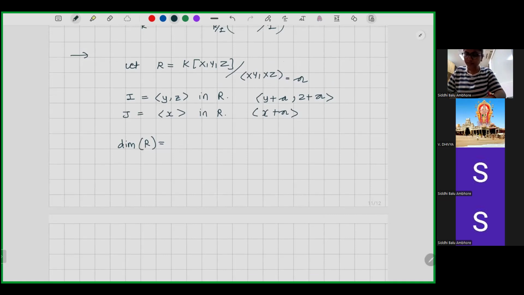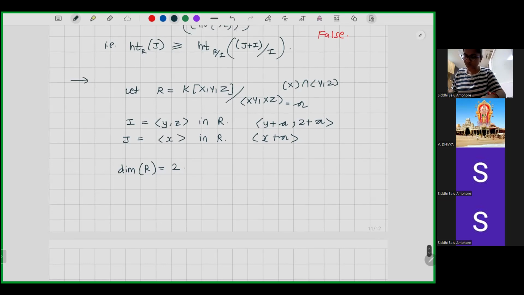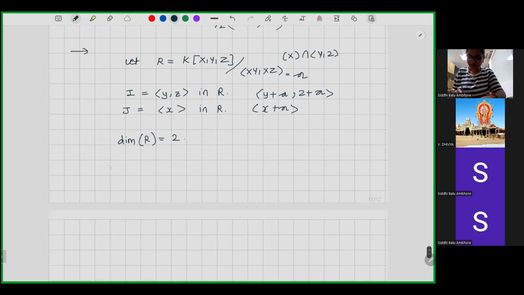The minimal primes here are (X) and (Y, Z). So (X) is contained in (XY, XZ). So the dimension of R is at least 2, right?